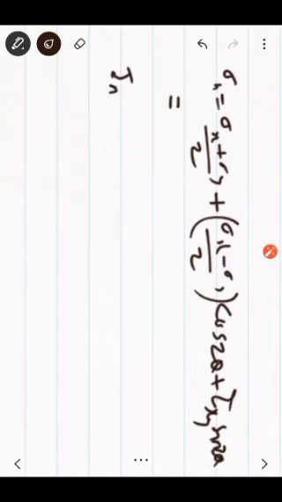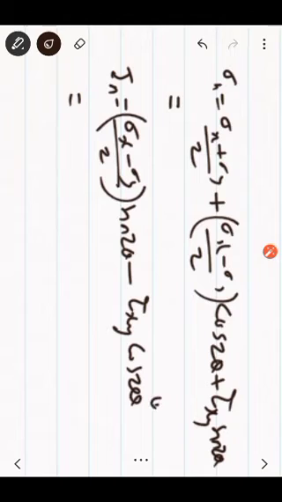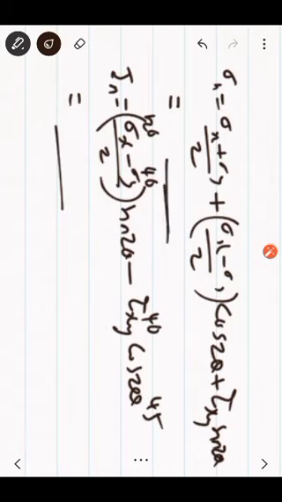Tau n equal to sigma x minus sigma y by 2 sin 2 theta minus tau xy cos 2 theta. Substitute the values, theta equal to 45 degree, tau equal to 40, sigma x is 120, sigma y is also 40. Substitute, you will get the answer, and after substitution I will give you the answer. So this is sigma n and tau n. So we have completed this paper.